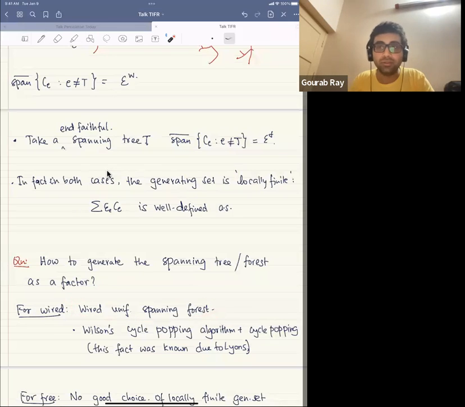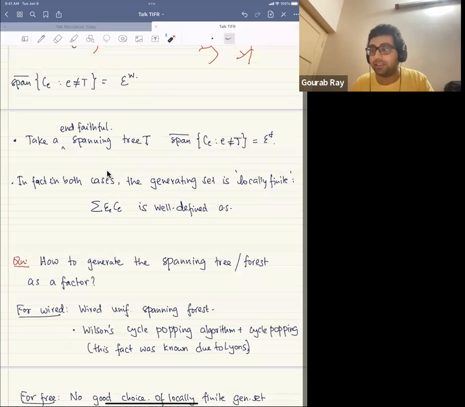This is a very well-known object, and there are various tools to understand it. If you know Wilson's cycle popping algorithm, this is one way to generate these guys. It's a bit of work, but it's not too hard to prove that the wired uniform spanning forest is in fact a factor of IID.